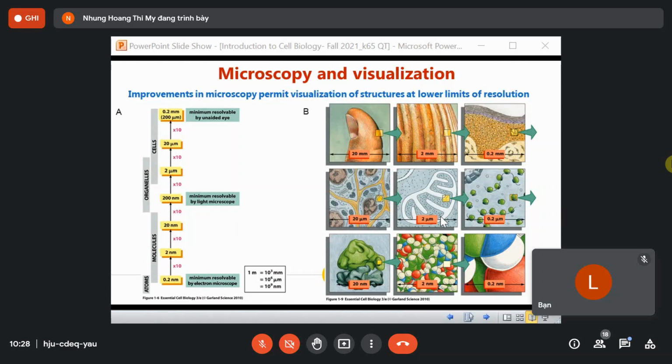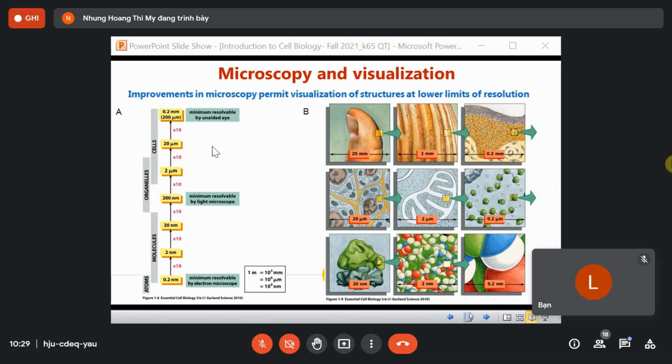But for structures or organelles smaller than 1 micrometer, or below 0.2 micrometer, you cannot observe them through the light microscope. At this size, you need the support from the TEM, that means the electron microscope, to observe them.